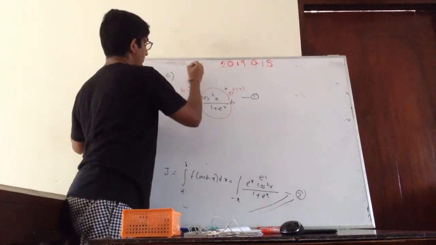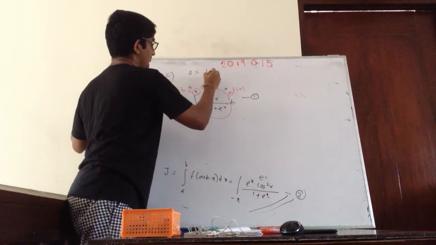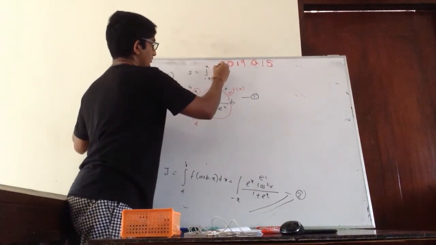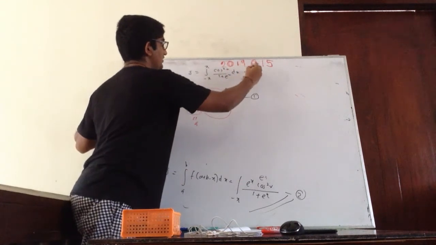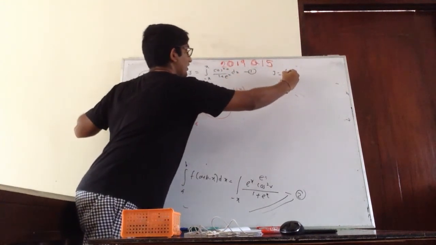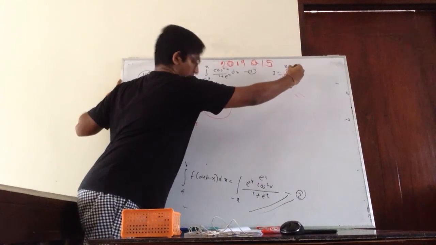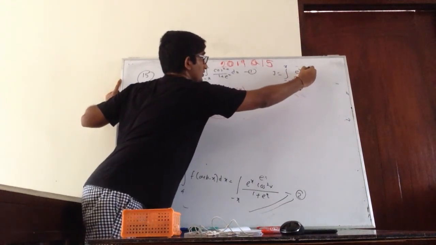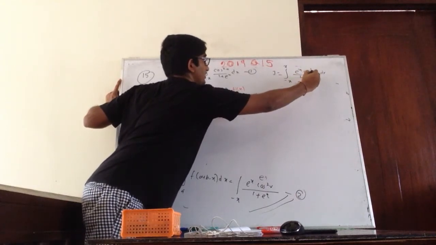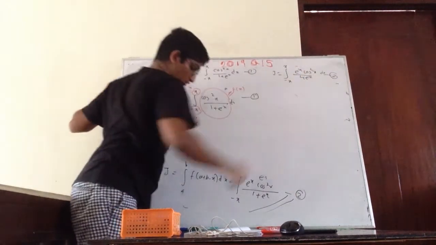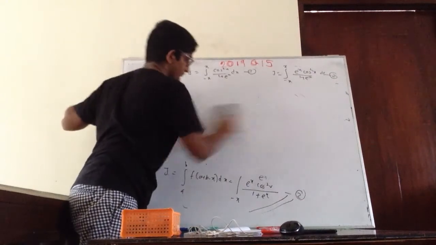So let me rewrite this now. J equals the integral of cos squared x over 1 plus e to the x dx. This is 1. This is J equals the integral from minus 5 to 5 of e to the x cos squared x dx over 1 plus e to the x. This is 2.